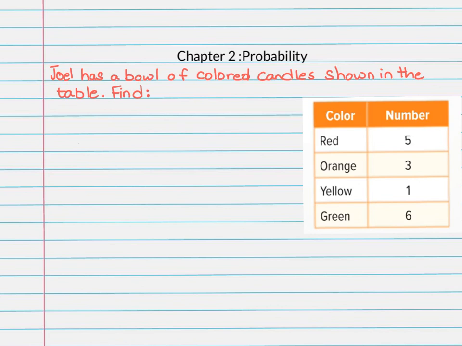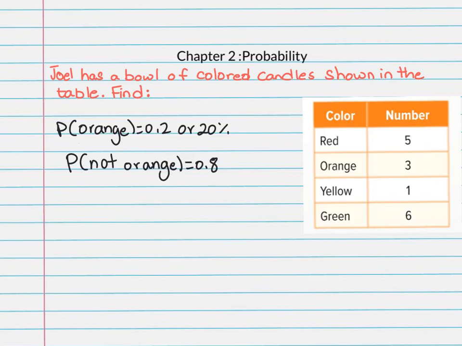For example, we got that the probability of orange is 0.2 as a decimal, or 20%, and the probability of not orange was 0.8 or 80% as a percent.